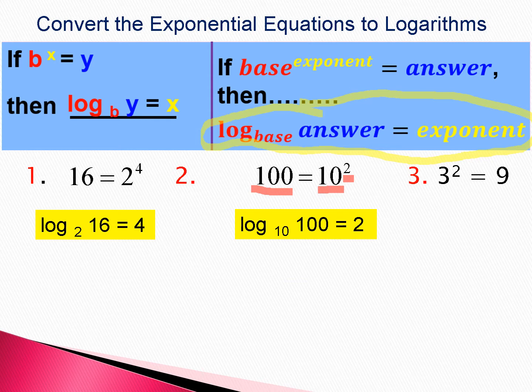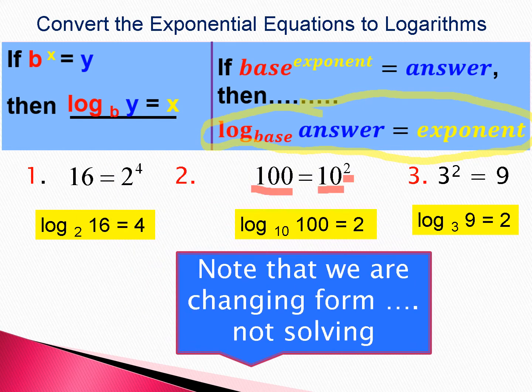Okay, let's look at number 3. 3 squared equals 9. So my base is 3, my answer 9, and my exponent is 2. So we have log base 3 of 9 equals 2.